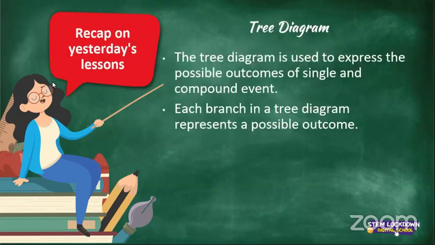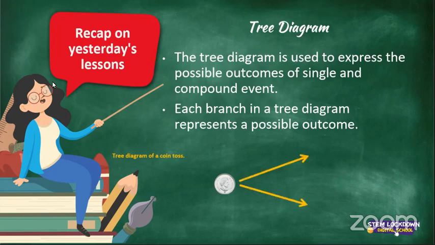So a recap of yesterday. Yesterday, like I said, we did the tree diagrams. A tree diagram is used to express the possible outcomes of a single or a compound event. Each branch in the tree, like we showed, I'm going to show you the picture again, represents a possible outcome. If we have the coin and we spin it, we can have two outcomes.